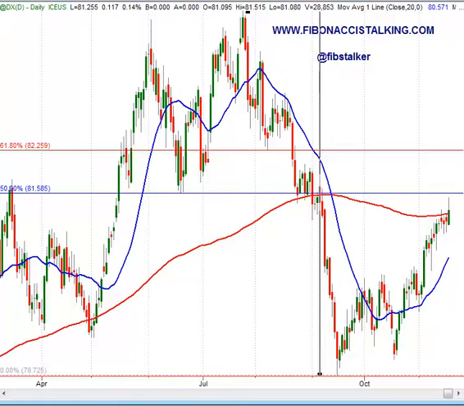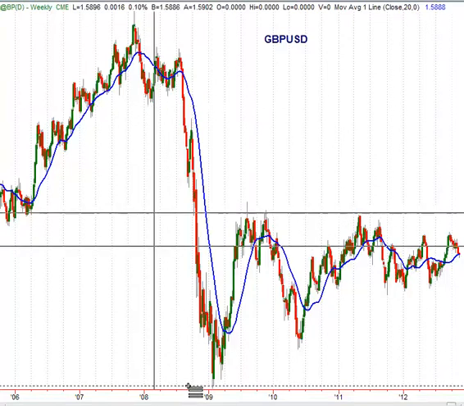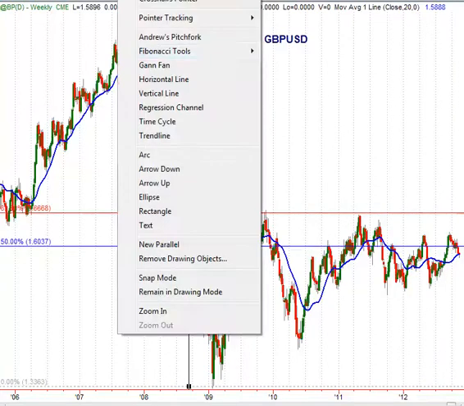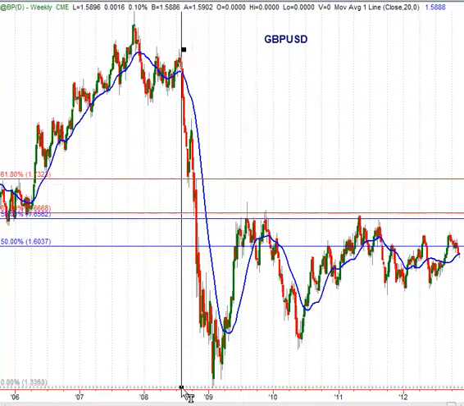Let's move into the pound versus the US dollar, and as you will remember, the pound has resistances, and they are in these areas, 168 to 165.